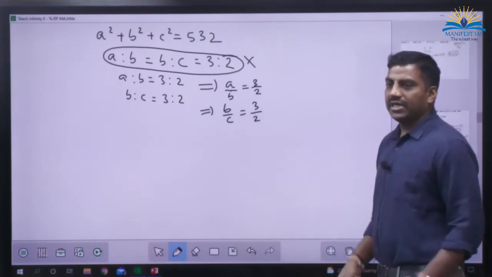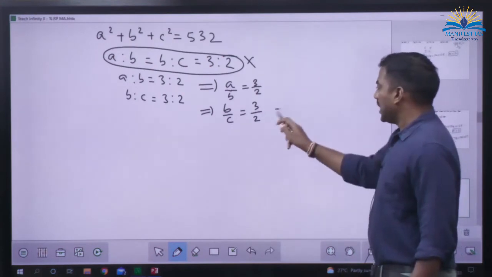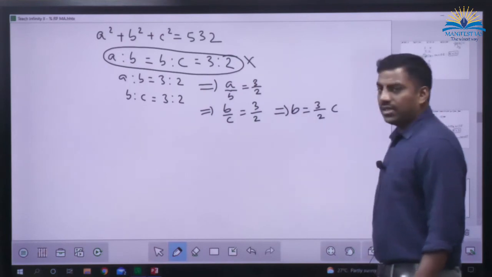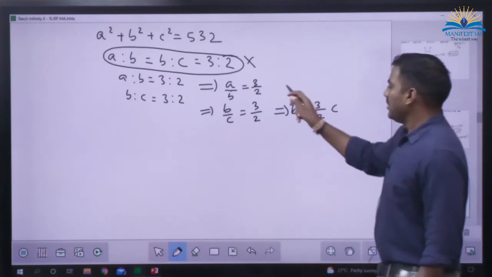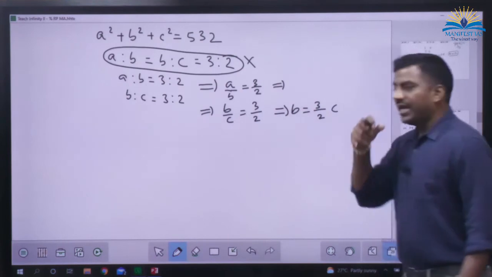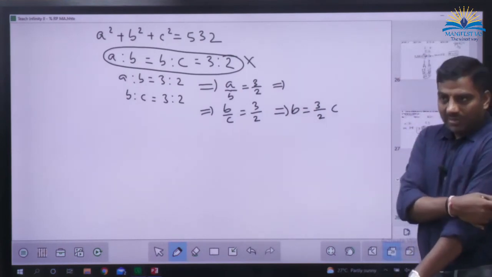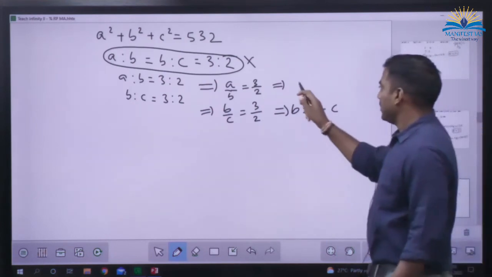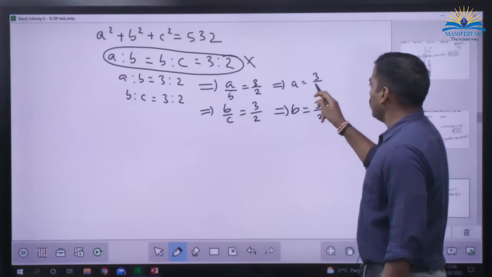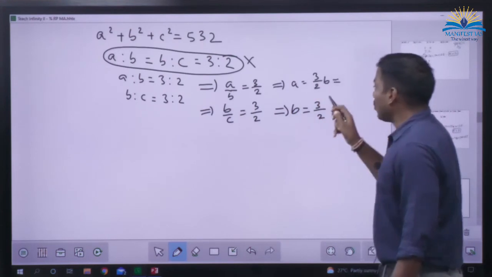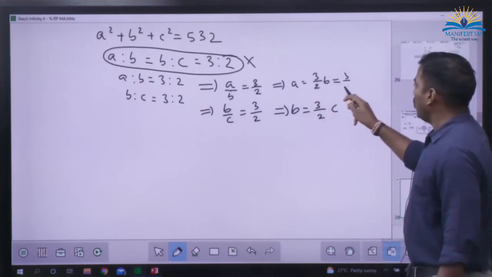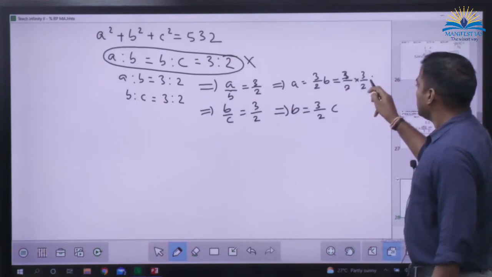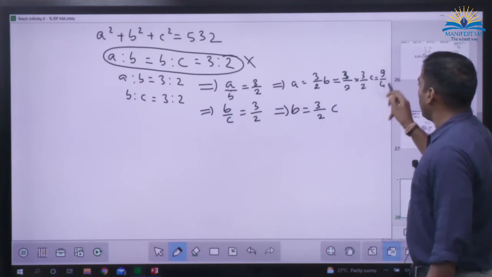I want to express everything in terms of C. So here B will become what? 3/2 C. Can I write? Similarly here, if I express A in terms of B, then B in terms of C, then I'll get A is equal to 3/2 B, that is equal to 3/2 into 3/2 C, this is equal to 9/4 C.